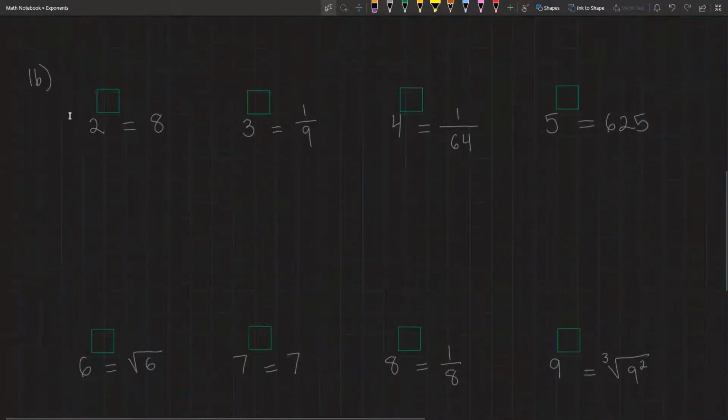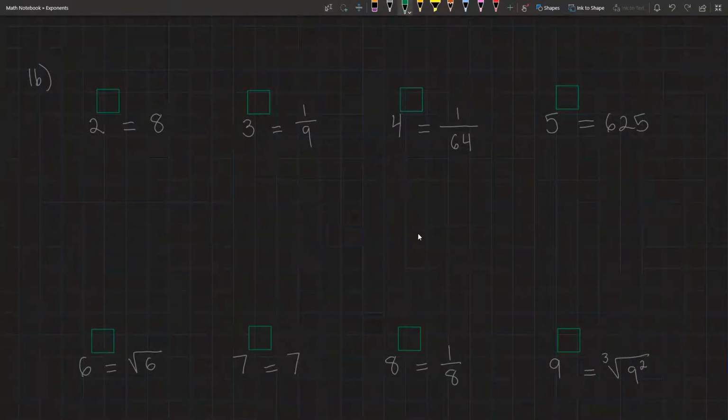This one is saying, what's in the box? It means 2 to the something equals 8. What's in the box for 3 to the something equals 1 over 9? For 4 to the something equals 1 over 64, and so on. Let's check those now. What's the exponent for an 8? I'm not going to draw an ugly something every time.